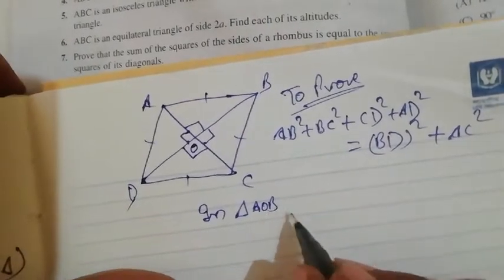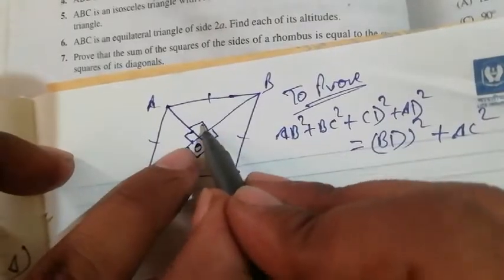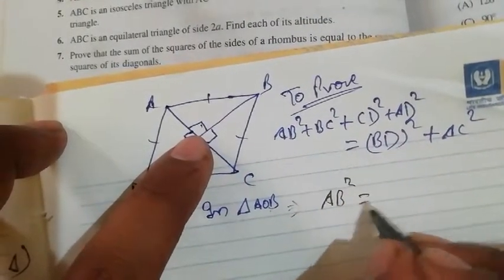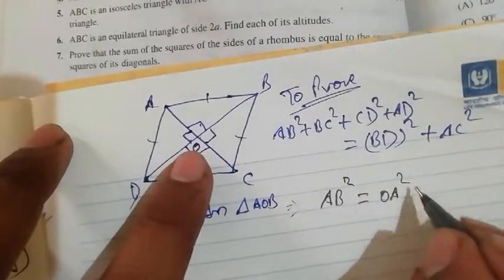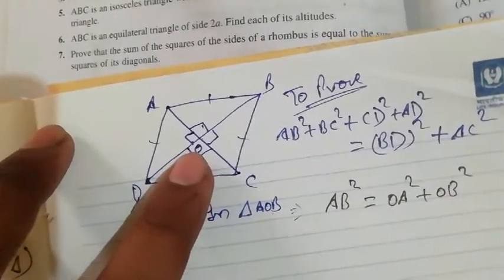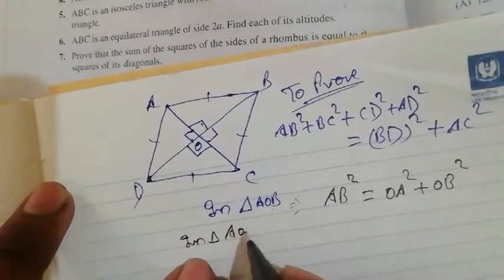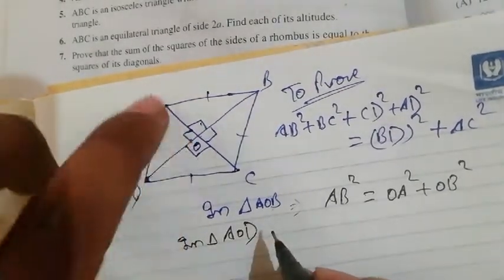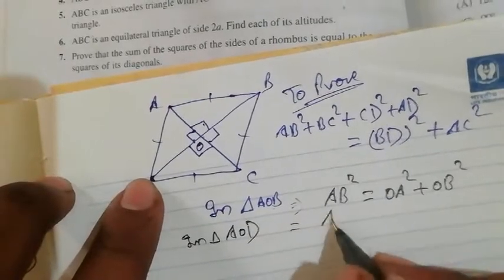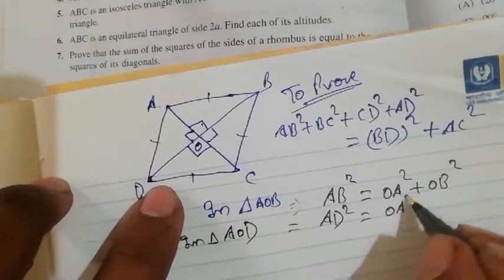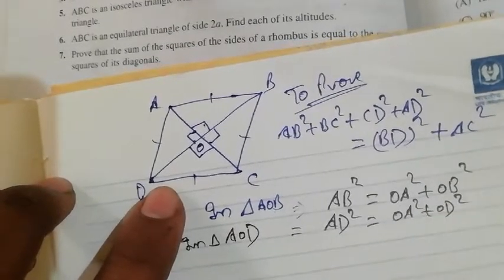So first of all, in triangle AOB, this is 90 degrees. So we can write by Pythagoras theorem that AB square is equal to OA square plus OB square. In the same way, in triangle AOD, we can write AD, the hypotenuse, square is equal to OA square plus OD square.